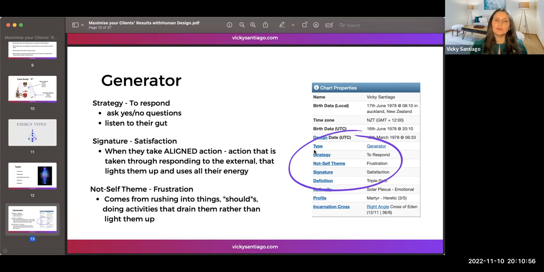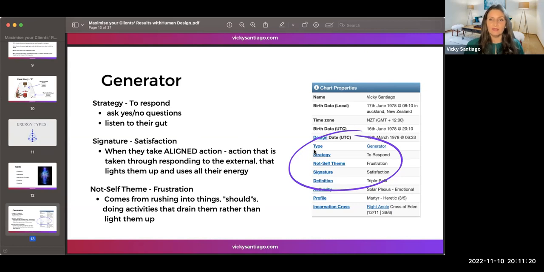Generators are generators because they have their sacral center defined. When we get to the centers, I'll show you which one that is. But that sacral center, if you remember, is the one of creation and of life force. And so generators generally have quite a good connection with their gut.